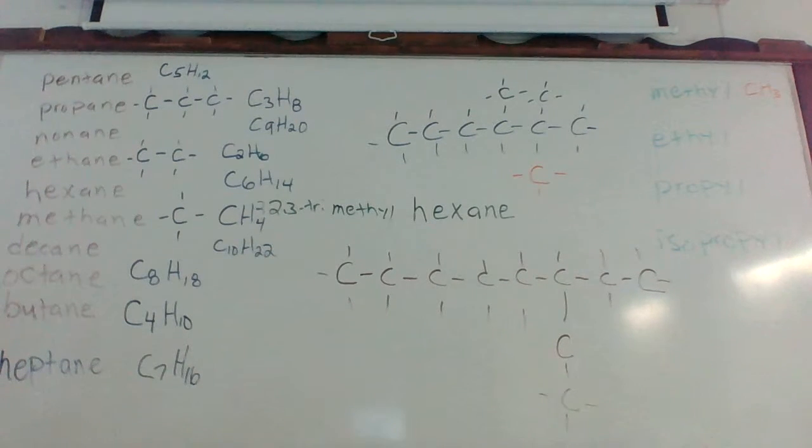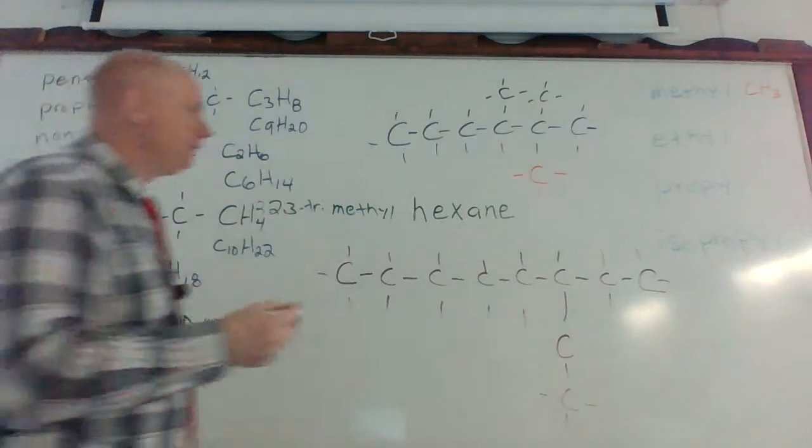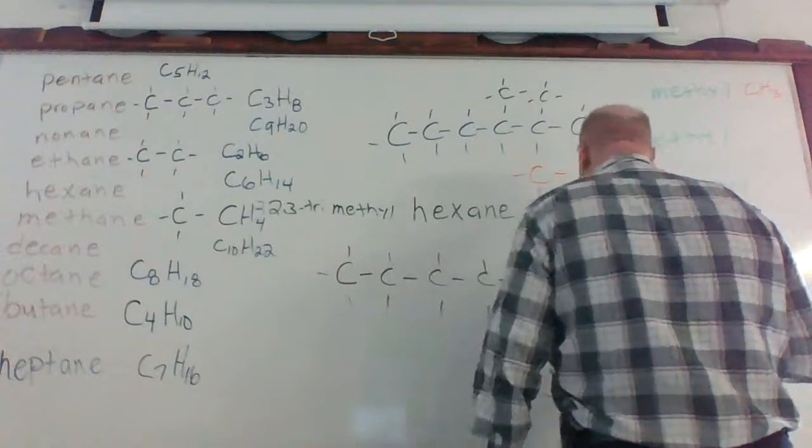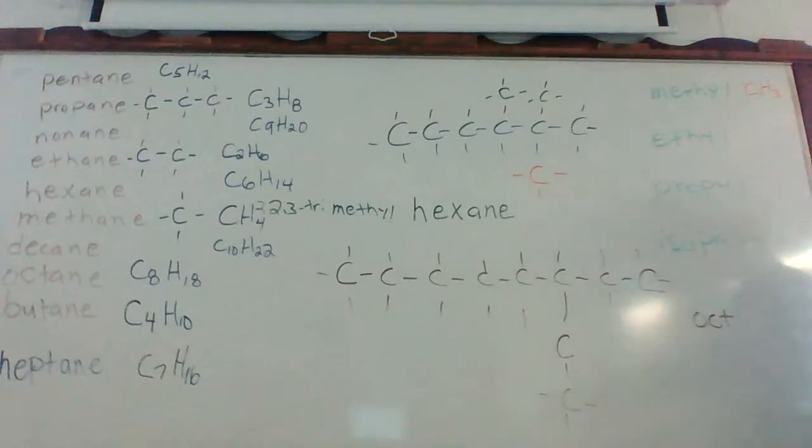Okay, the longest continuous chain is what? 8. So what's the prefix for 8? Oct. Okay. They're all single bonded. So that means an alkane, an alkyne, or an alkene. It's an alkane.